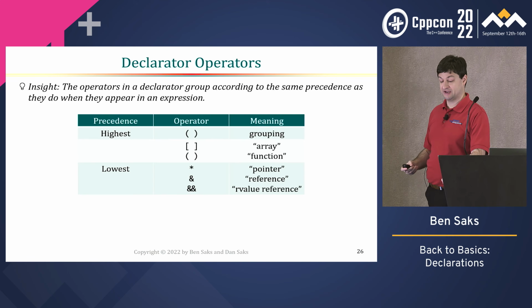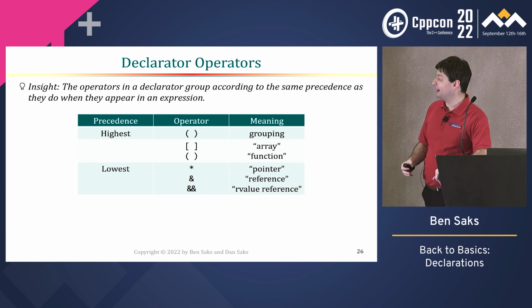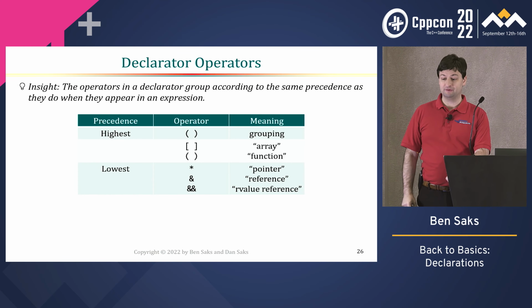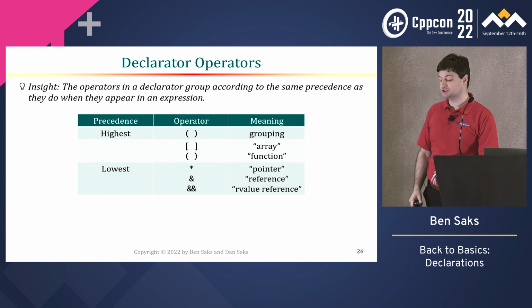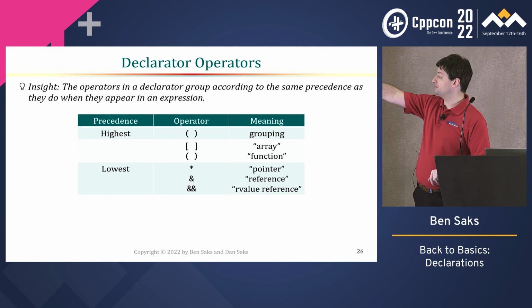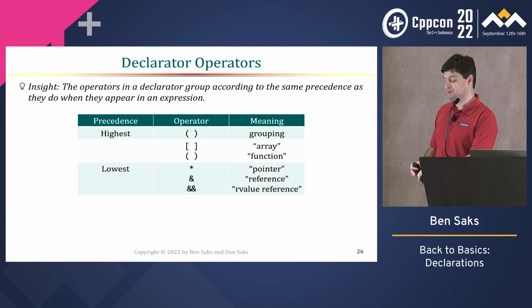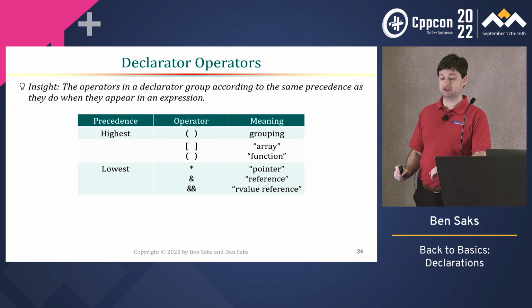Well, the rule is actually fairly simple. The operators in a declarator follow the same precedence order that they do when they appear elsewhere in the language. So as I mentioned, parentheses have a dual meaning here. They can be used for grouping, and we'll see some examples of that in just a moment.